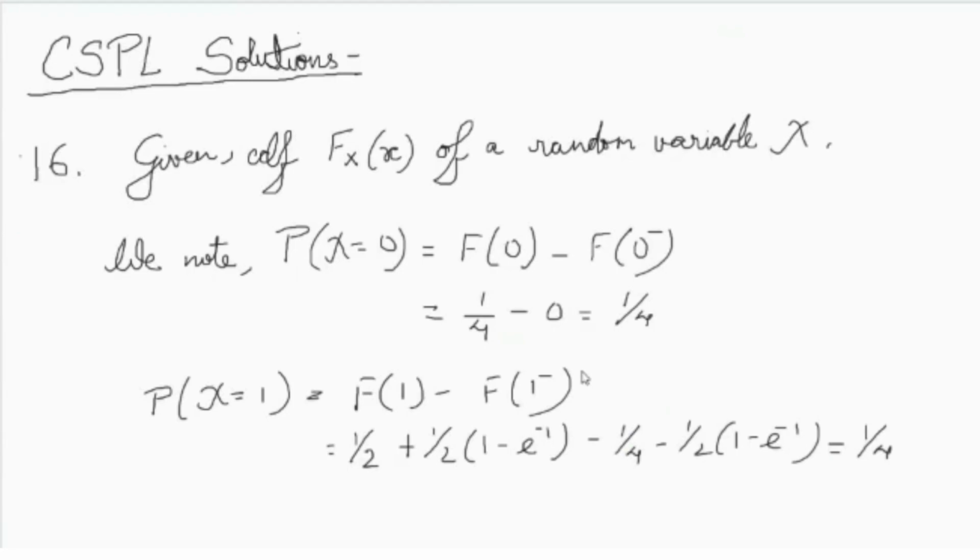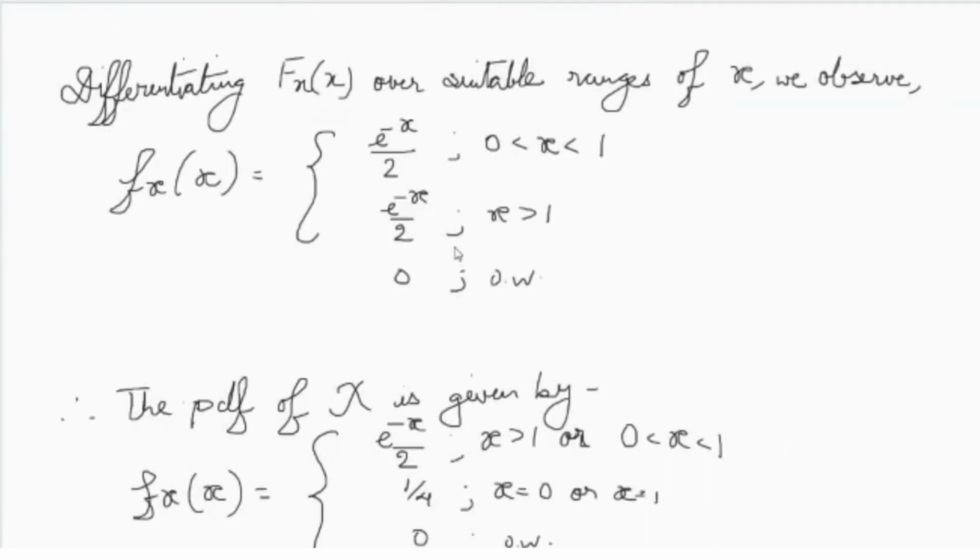Probability X equal to 1 is F of 1 minus F of 1 minus. I have just simply substituted the values within the required ranges, and it also comes out to be 1/4. And then I have differentiated F_X over the suitable ranges, that is x greater than 1, 0 less than x less than 1, and x less than 0, and I've obtained the values of f_X where it is continuous in this upper part.